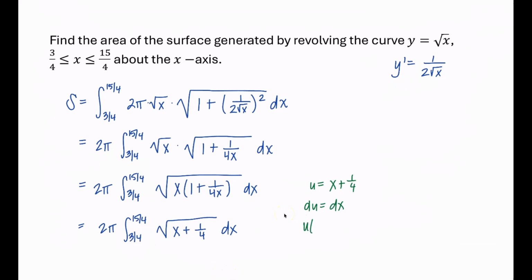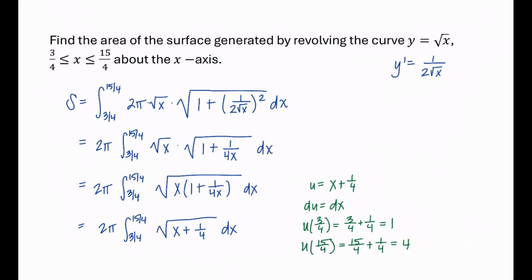If I substitute in 3/4, u of 3/4, 3/4 plus 1/4 is 4/4 or 1. And then u of 15/4, so 15 over 4 plus 1 over 4 is 16 over 4, which is 4. So my new limits of integration will be nice integer values.